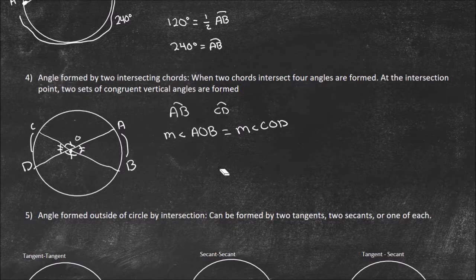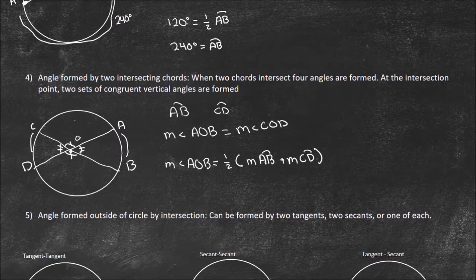And now the actual rule. This says that the measure of angle AOB can be found by taking 1/2 of the sum of the arc measurements. So the sum of arc AB plus the measure of arc CD will give me that angle. So let's say AB is 50 degrees and CD is 40 degrees.